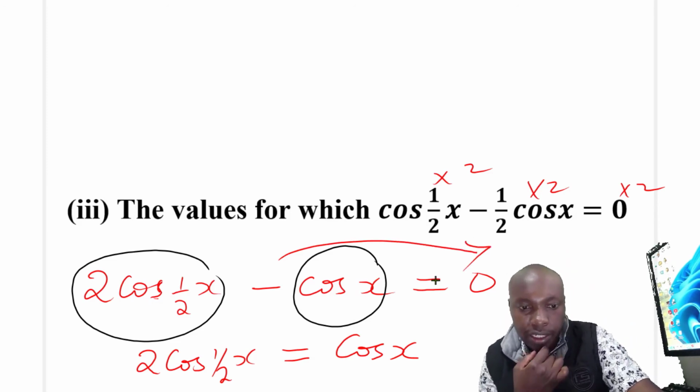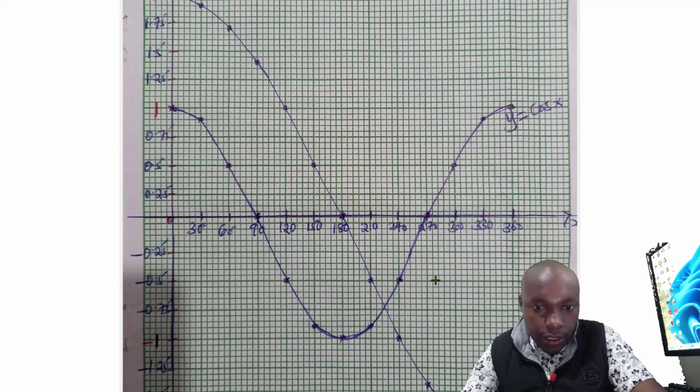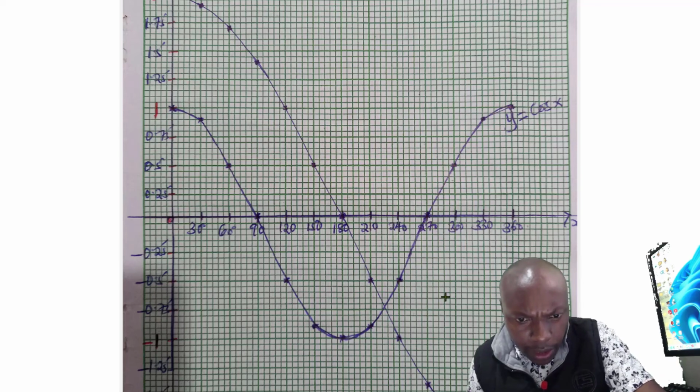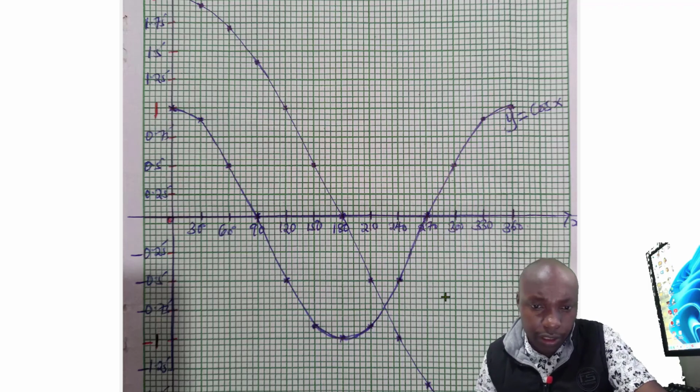To solve this graphically, when you're equating the equations of two curves, you definitely check the point where the two curves are intersecting. Look at the curve. They're intersecting at one point only, and that is just between 210 and 240. So that will be around 225 degrees.